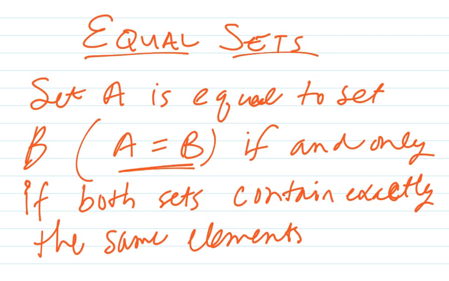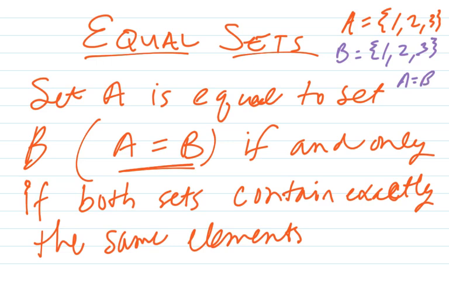So if I have this set, A equals 1, 2, 3, and B equals 1, 2, 3, we could say that A equals B. Okay? Now if I said A equals 1, 2, 3, and B equals 4, 5, 6, we could not say that those are equal. We could say that they are equivalent because they have the same cardinality, but I could not say that those sets were equal.